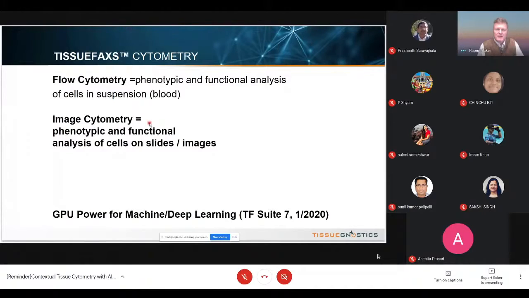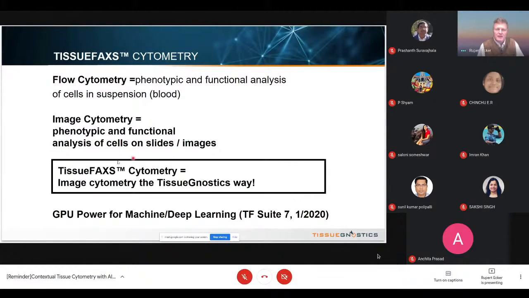This requires a slide scanner, scanning and digitalization of the slides, and then you can do the same type of phenotypic and functional analysis, just that the individual cells are now not in a cell suspension, but in a tissue section. And what I will refer to in this presentation is tissue cytometry by the TissueFAXS.